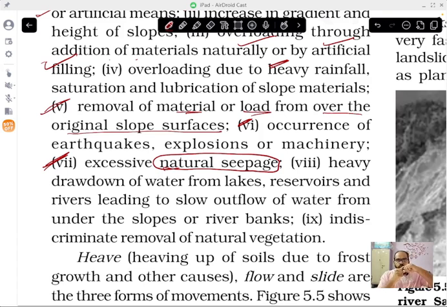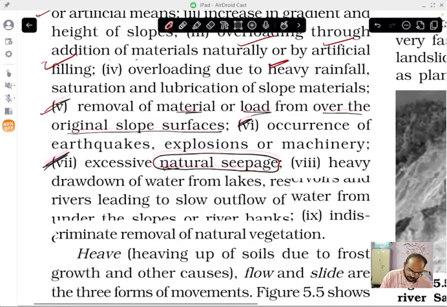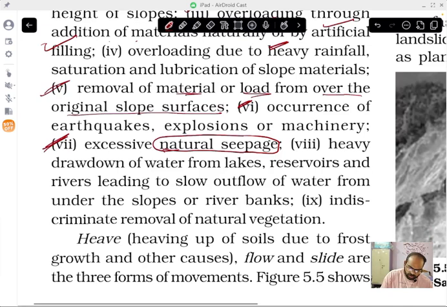Whenever the groundwater seeps into it, it decreases the contact between the rock materials inside, and it will be easier for it to move under the influence of gravity. Because the resistance decreases, it moves under the influence of gravity very easily due to natural seepage. And heavy drawdown of water from lakes, reservoirs, rivers.